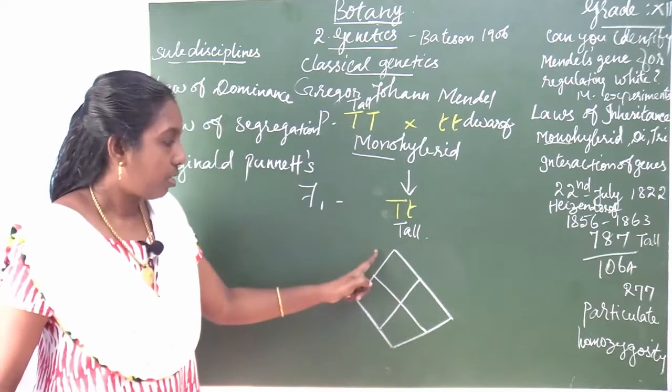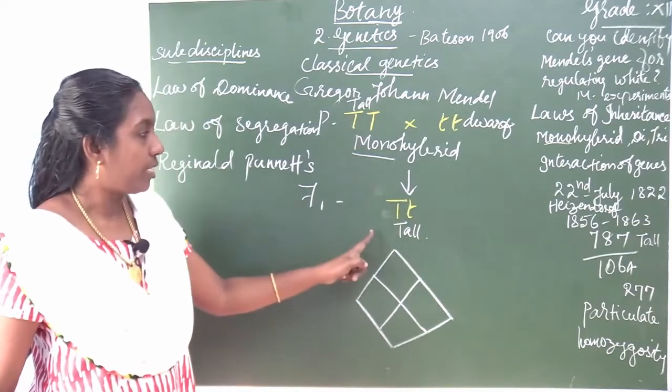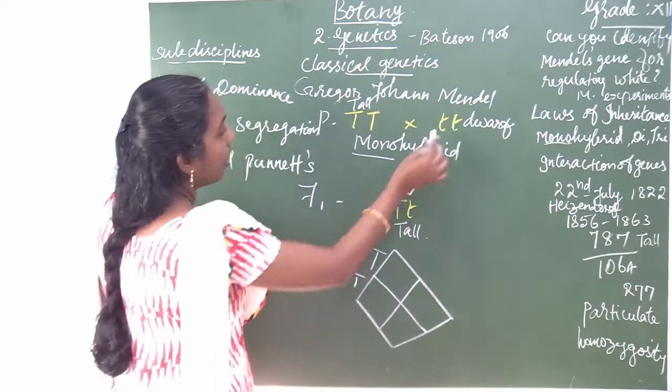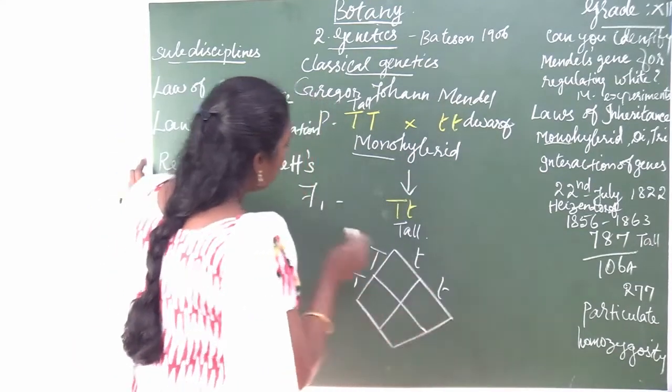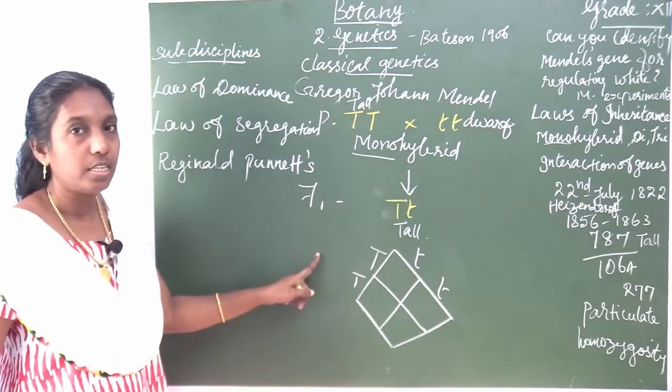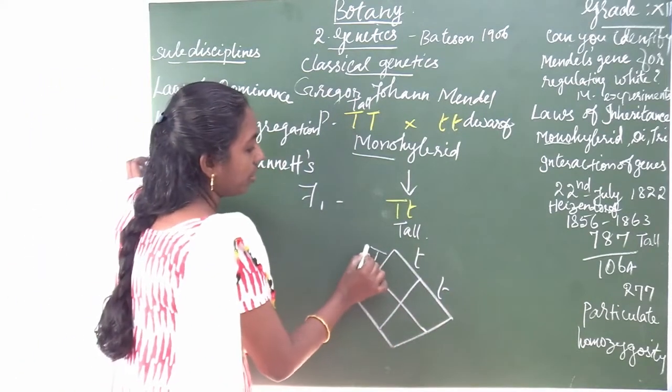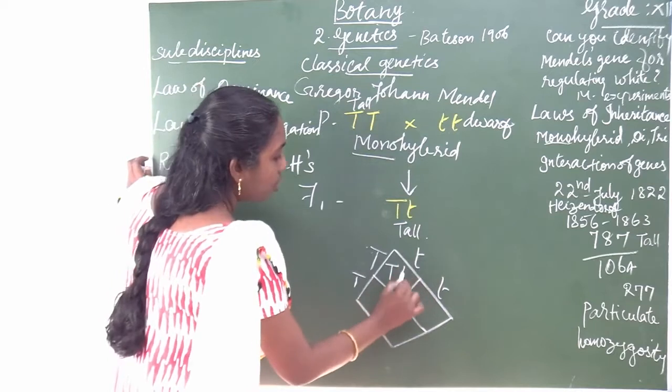Here when you write the gametes, capital T and small t, during this F1 generation, it shows very clearly: this capital T, the tall, and this small t.